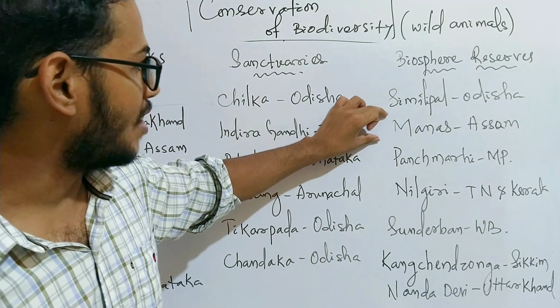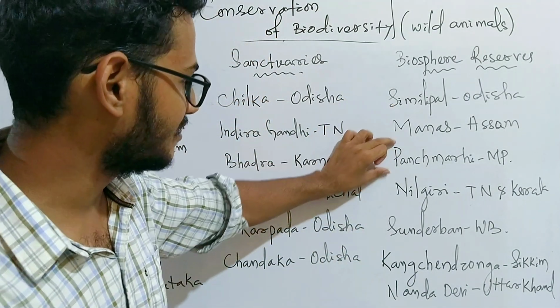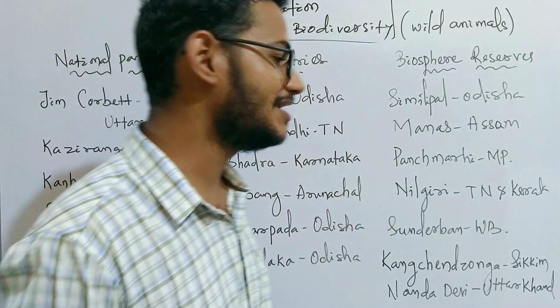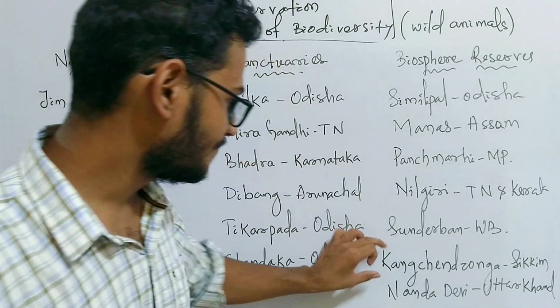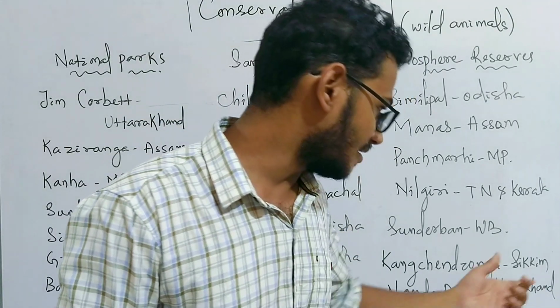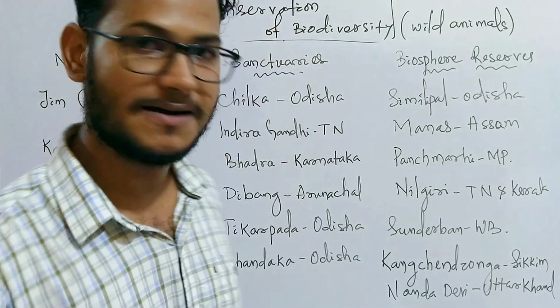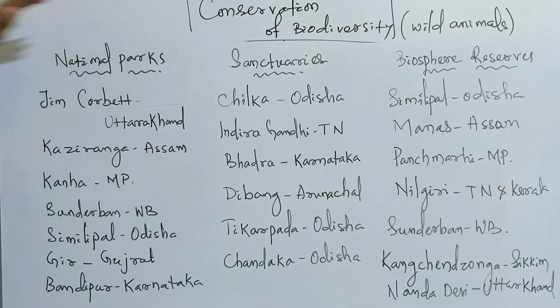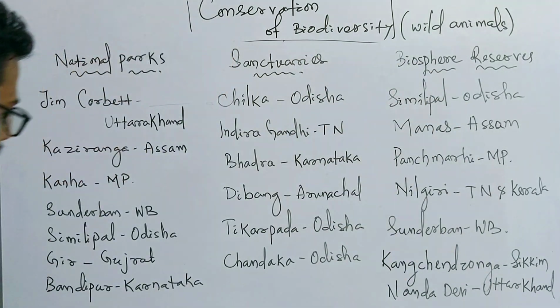Okay, so next one is Manas Biosphere Reserve in Assam, Pachmarhi in Madhya Pradesh, Nilgiri in Tamil Nadu and Kerala, Sundarban in West Bengal, then Kanchenjunga in Sikkim and Nanda Devi in Uttarakhand, right? So these are the very important national parks, sanctuaries and biosphere reserves of our country, right?